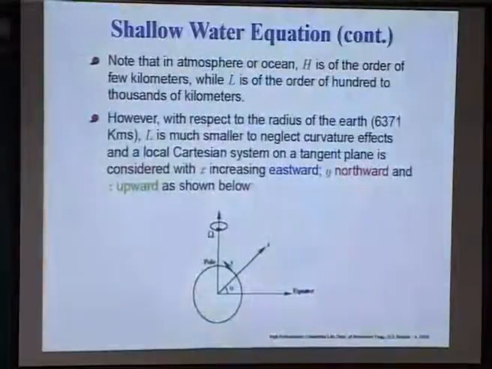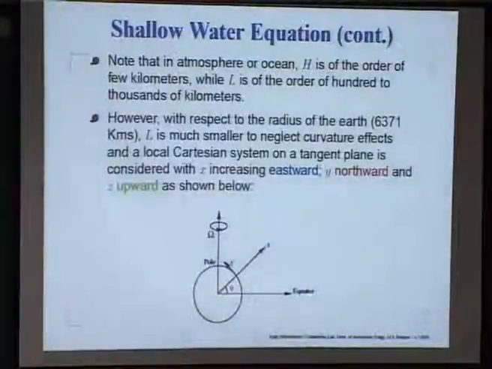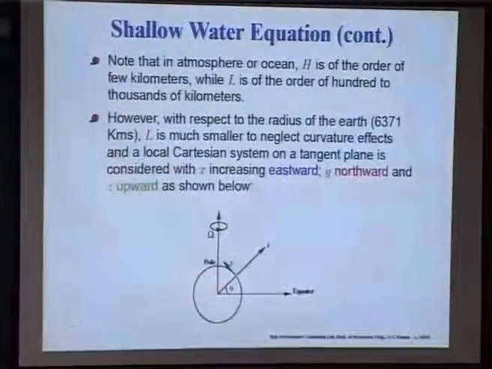So, if we are allowed to make that assumption where we can neglect curvature effects, then we can associate a Cartesian coordinate at any point.